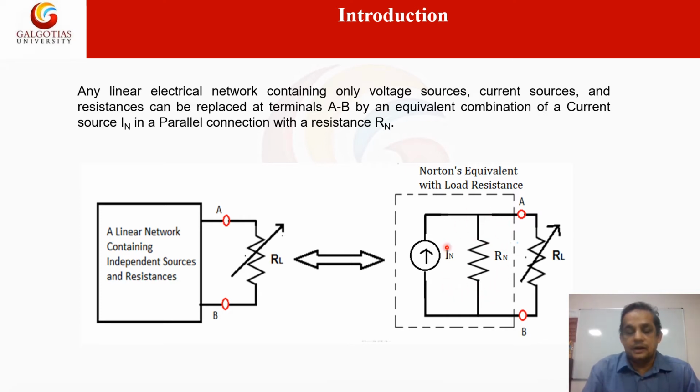Here we convert all the circuit except the load resistance into one current source in parallel with the Norton resistance, and after that we connect the same load resistance where we calculate the current, voltage or power.